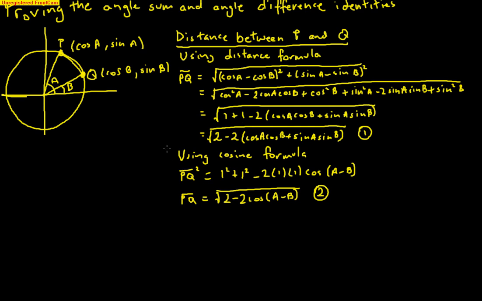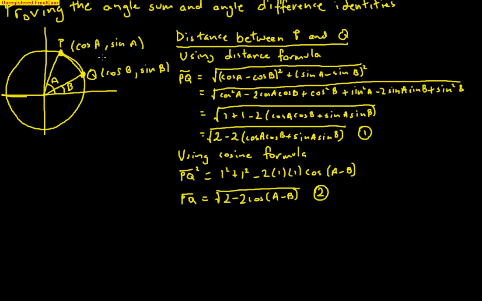Now I've already gotten started by looking at a unit circle with two angles, a large angle A and a smaller angle B. This creates points along this unit circle, P and Q, which have coordinates of cos A, sine A for P, and for Q cos B, sine B, due to our definition of cos and sine that we've gone through for the unit circle.